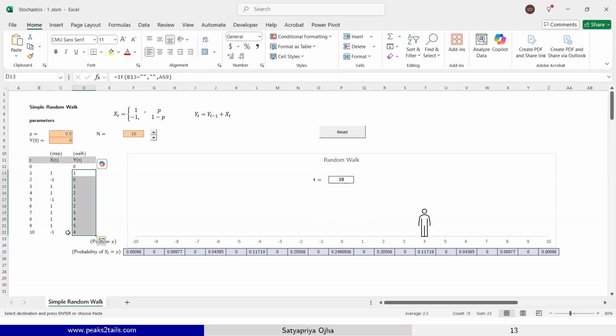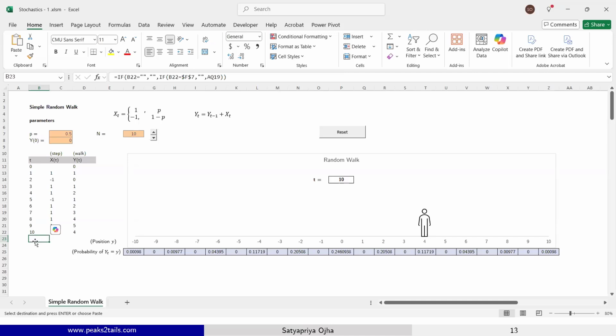Given this realization, can you tell me the distribution of Y11 now? What is the distribution of Y11? 5 or 3 with equal probability, 0.5, 0.5, correct? Awesome. This is what I want you to understand. Very, very important.